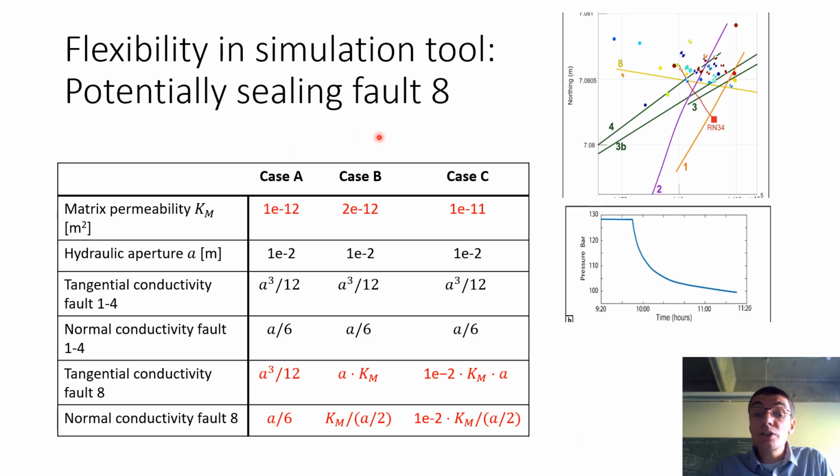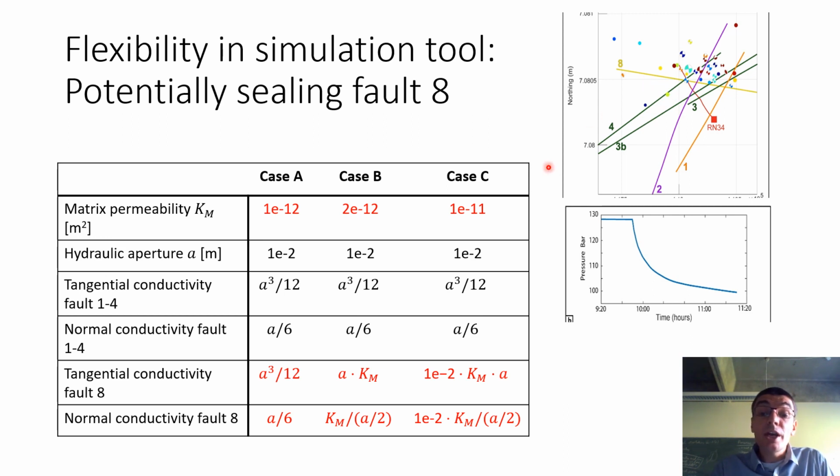We got case B, which is neutral, as if fault number 8 was not there. And then there is case C, which is fault number 8 being sealing, and fluids will not easily go from the north to the south side of fault 8.